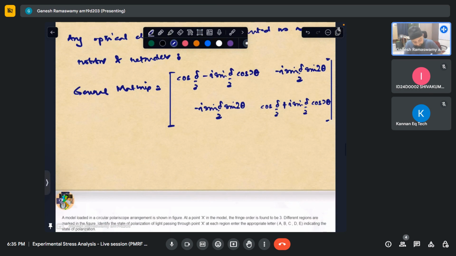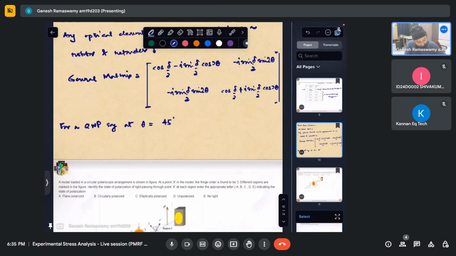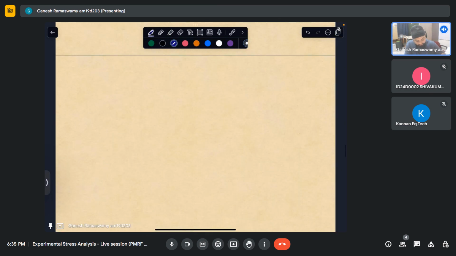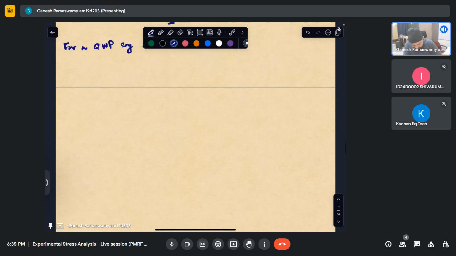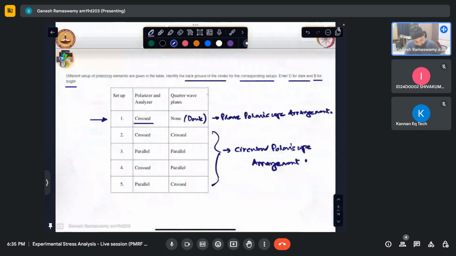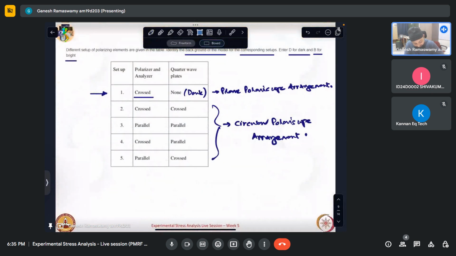So for a quarter wave plate, say at theta equal to 45 degrees. Now essentially what I'm trying to say is, let us analyze the first combination here, where both are crossed.